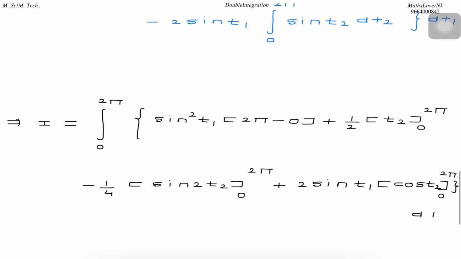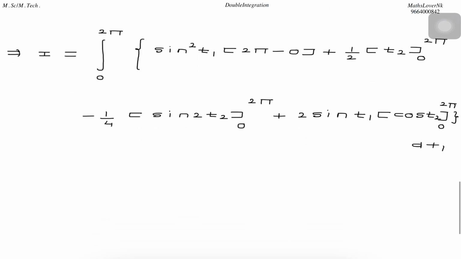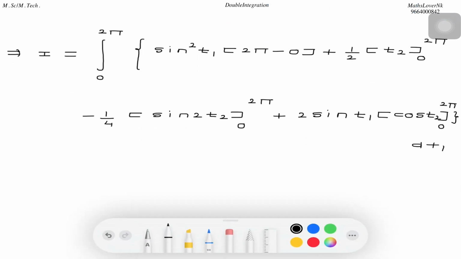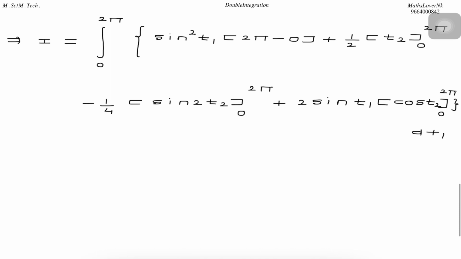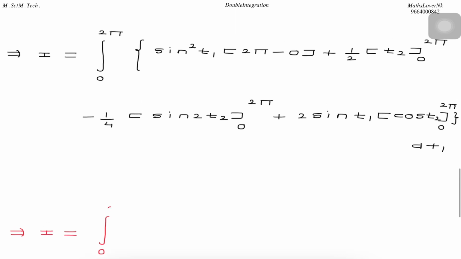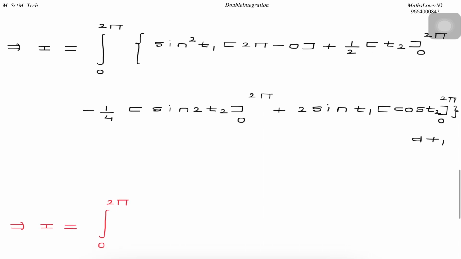Now we solve out the values, then we get I is equal to integration 0 to 2 pi. When we carried out the multiplication, it becomes 2 pi sin square t1.